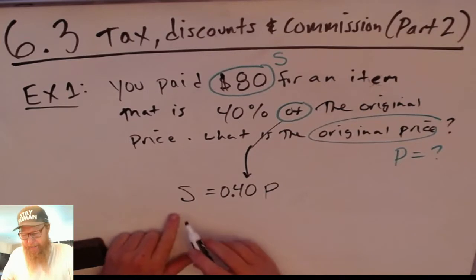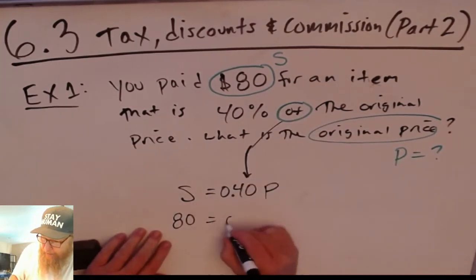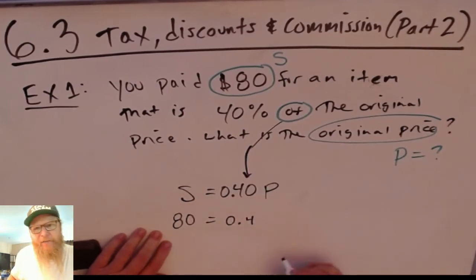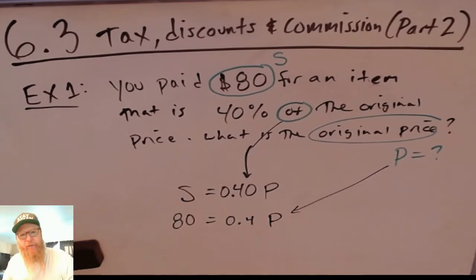And then S is $80. I'm going to write 40% just as 4/10, 0.4, and then P is the unknown value that you're solving for.